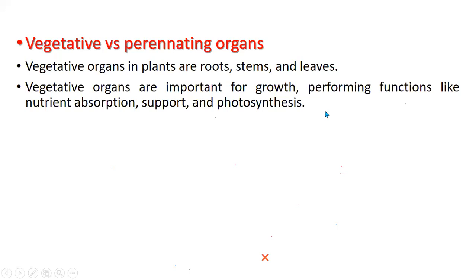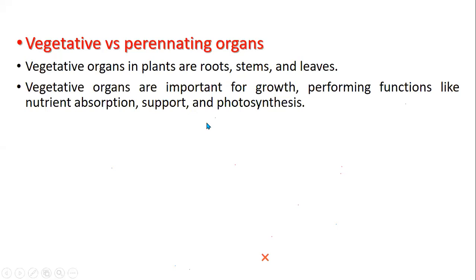For instance, the roots absorb nutrients from the soil and water. The stem may also provide support, or the stem may also carry out photosynthesis. The leaves will definitely carry out photosynthesis. So these vegetative organs usually have these roles.